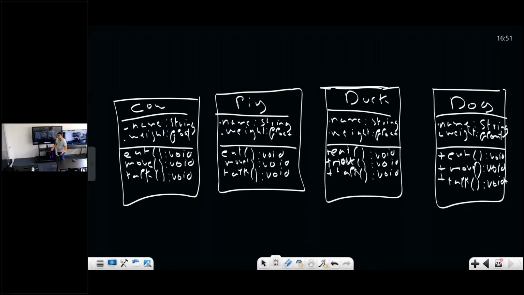So how could you resolve this issue? It will be to create an upper class, a parent class. So here, as you hear me since the beginning, I'm talking about animals.